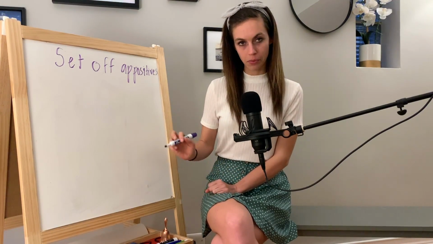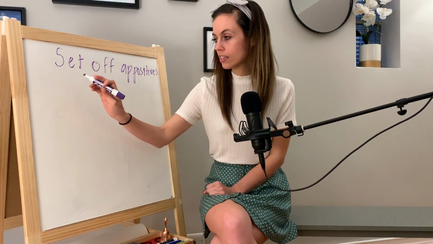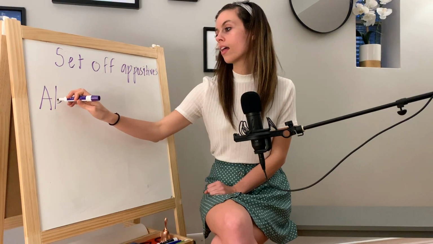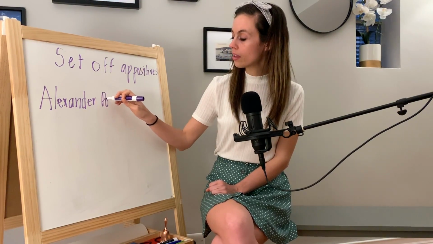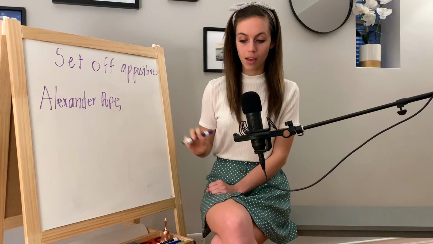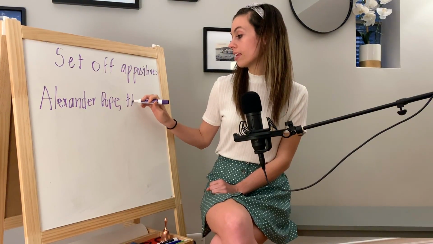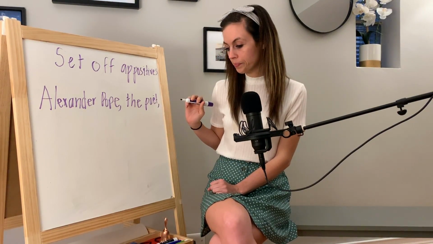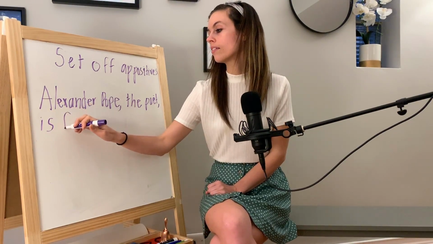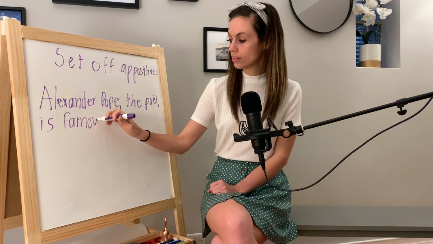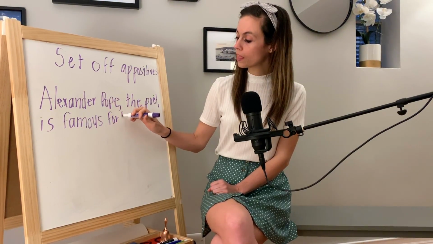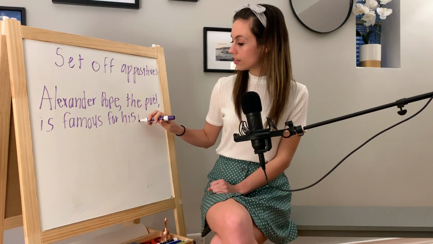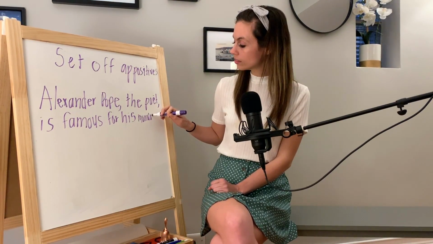So, for example, if I said, Alexander Pope, then I'm going to put a comma there, and I'm going to say the poet, comma, is famous for his monologues.